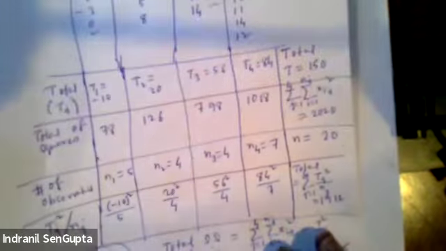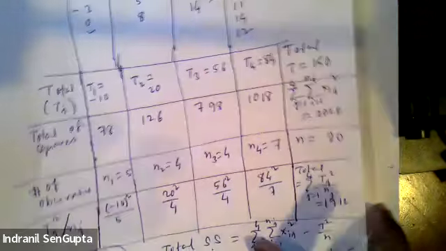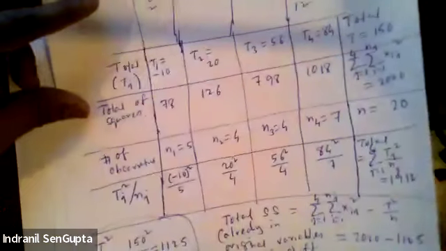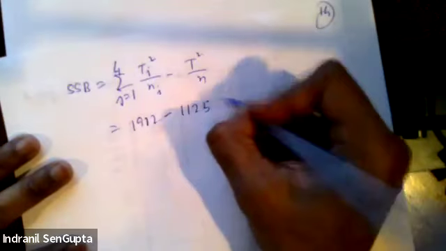So it's 1912. So 1912 minus 1125. 1125 is t squared over n. So if I compute this, it's 787.